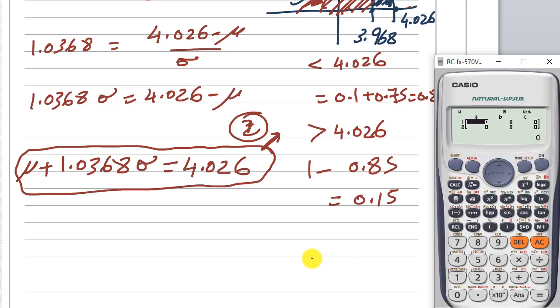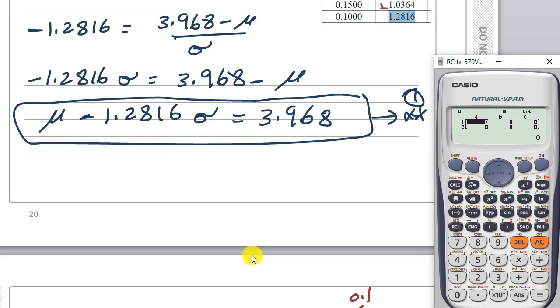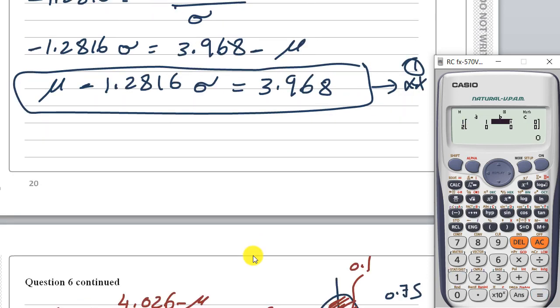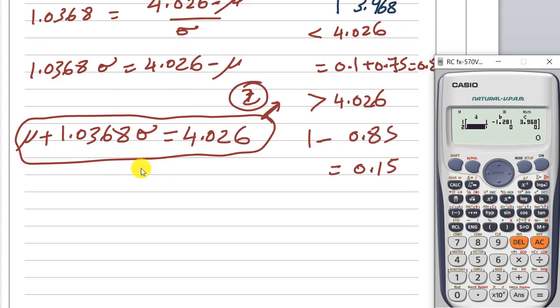Now for the first equation here, 1 enter, minus 1.2816 enter, 3.968 enter, and then the second one, 1 enter, 1.0368 enter, 4.026, and then enter.